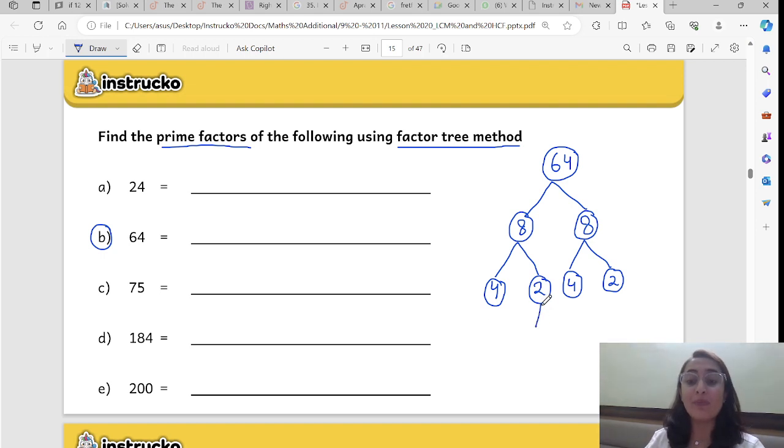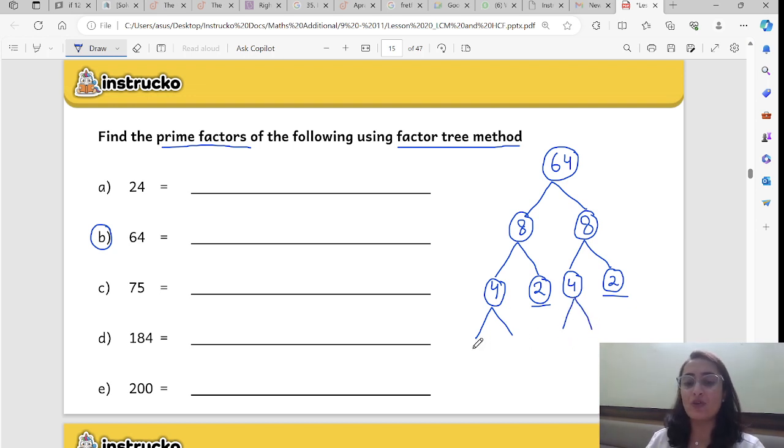Now we will not break 2 any further, because 2 is a prime number. So I have one prime number here, and one here. Now we will only break the non-prime numbers, or the composite numbers. In this case, we will break the remaining 4s because they are not prime.